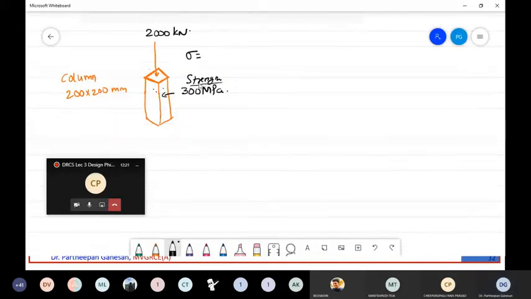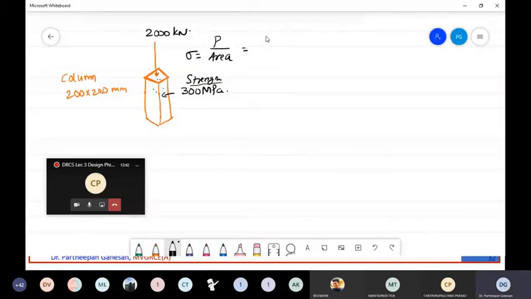Okay. Now, the load applied is 2000 kilonewton, and the cross-sectional area of the column is 200 by 200. So, what will be the stress coming onto this column section? Stress is nothing but load divided by area.